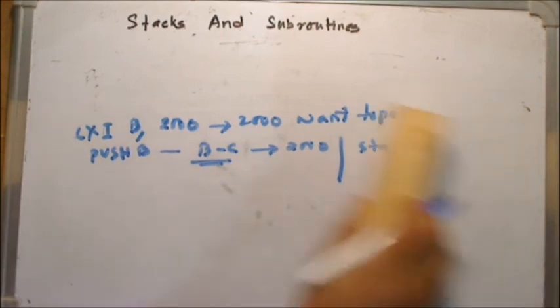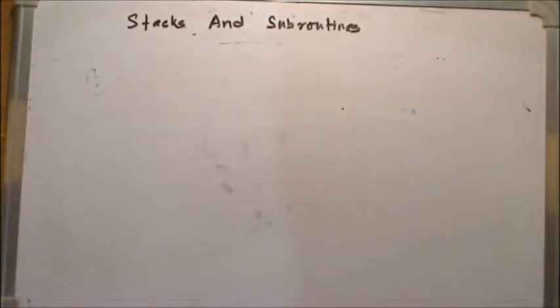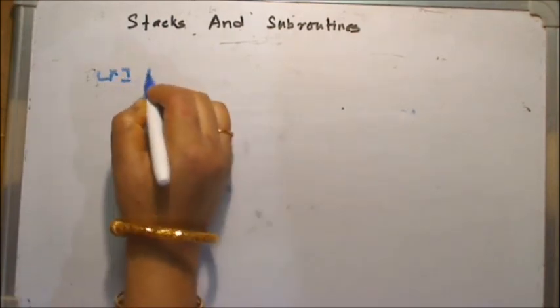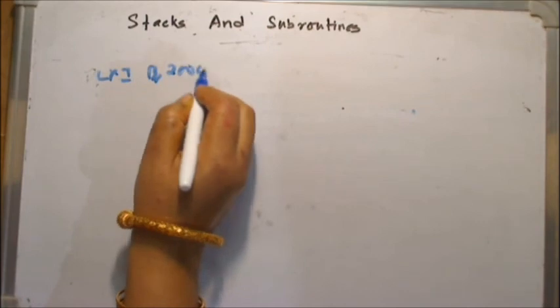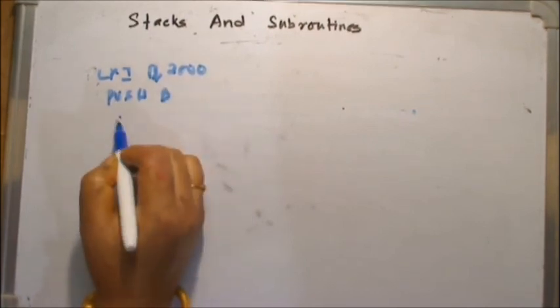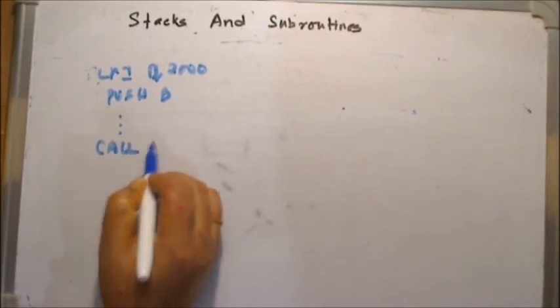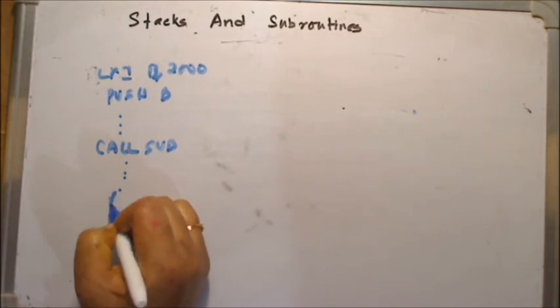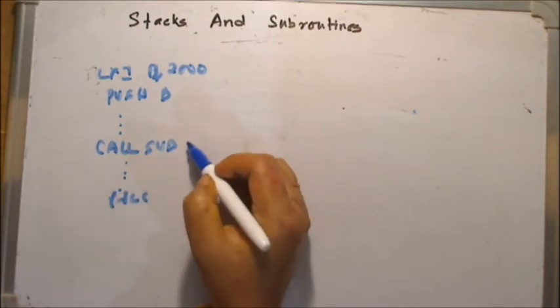Now let's see: LXI B, 2000H, then PUSH B, then CALL subroutine, and then HLT.